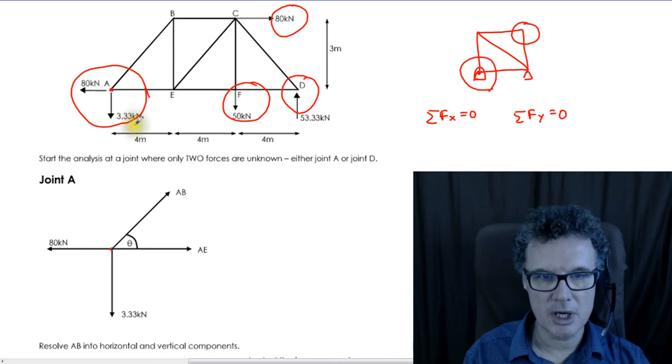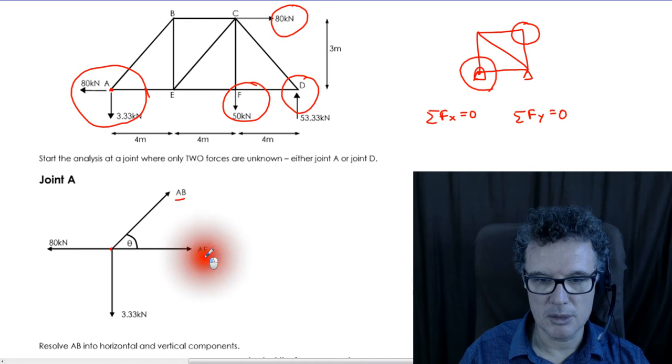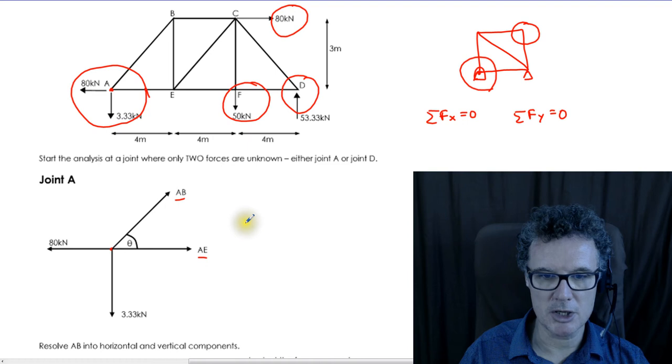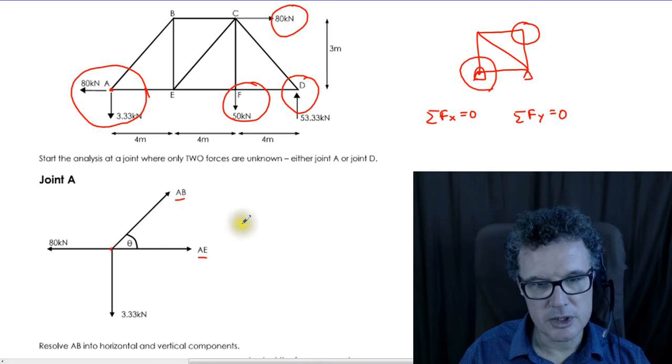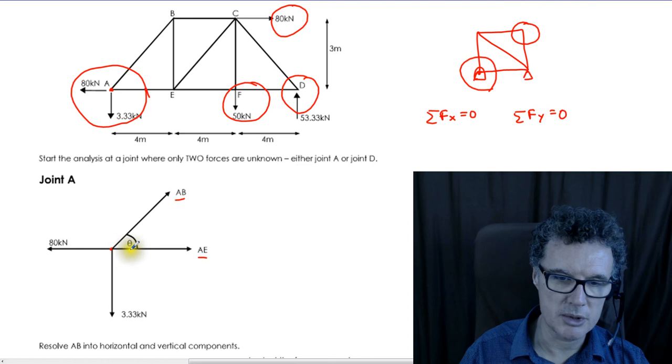So after I've cut around my joint, the next thing I want to do is label up those 2 members that have been cut through and pretend that they've now become imaginary external forces. They are internal forces that are going along the members.